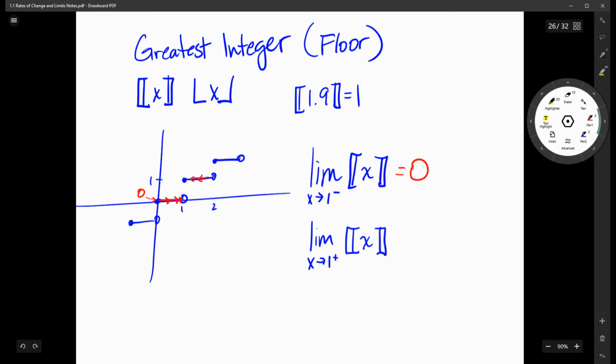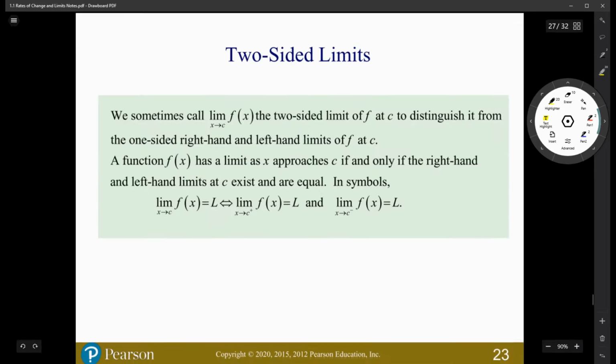As we go to 1 from the right side, we're flat again, but we're tending toward a different y value, this time the y value of 1. And so we can see that there are functions that have different behaviors from either side of a certain x value. And now with one-sided limits, we can examine those different behaviors.